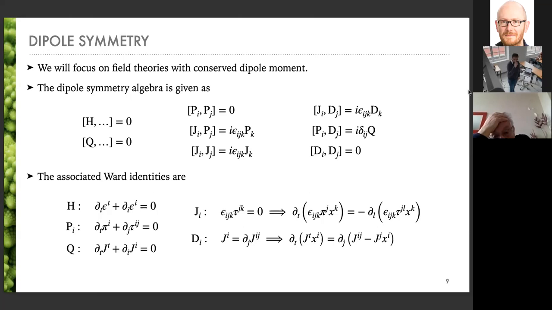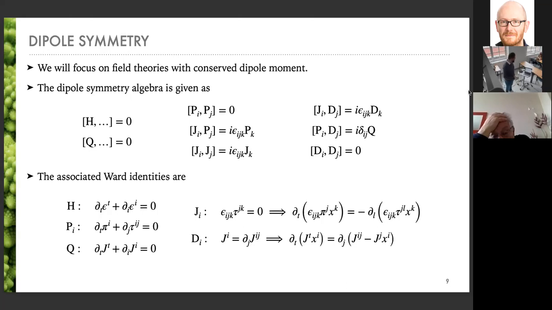Of course, corresponding to every operator there is a conservation equation, the Ward identities. The Hamiltonian leads to energy conservation, momenta lead to momentum conservation, and Q leads to charge conservation. This is also very familiar. J_i is the angular momentum operator, which tells you that the stress tensor T_ij is symmetric, and that ends up saying the angular momentum is conserved.